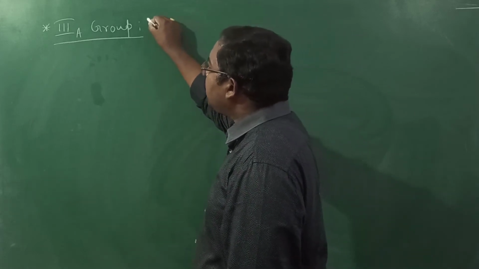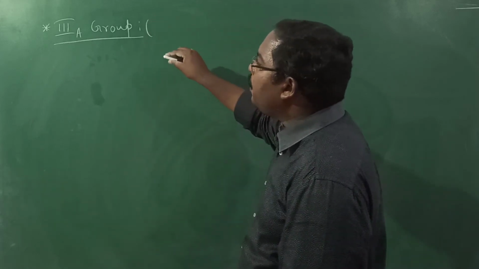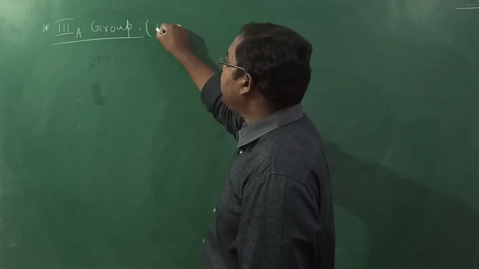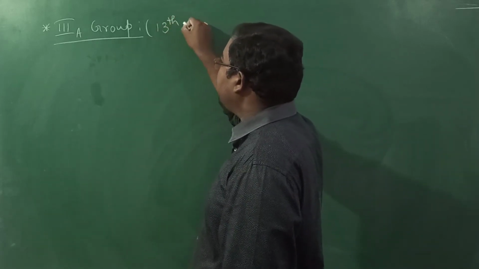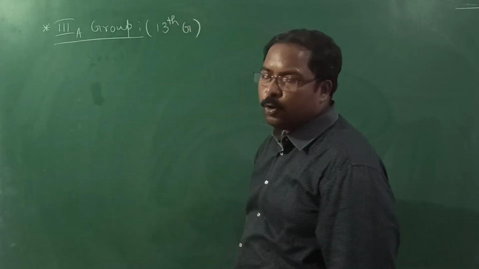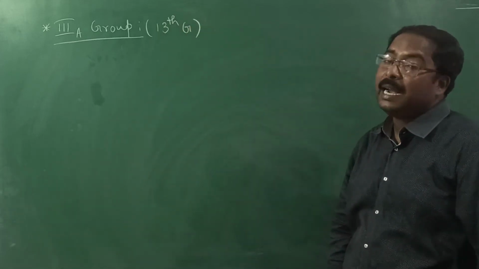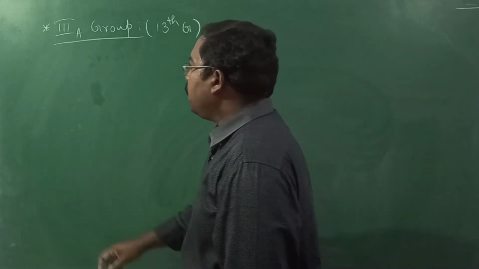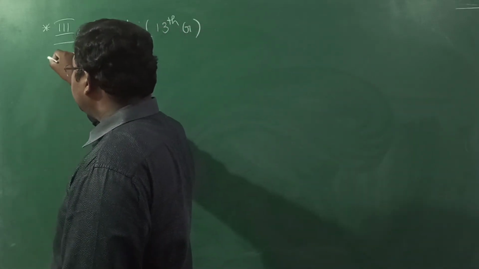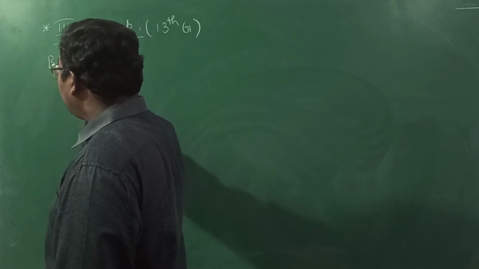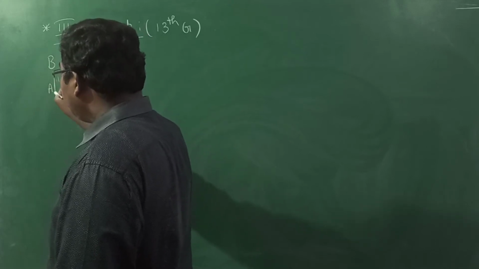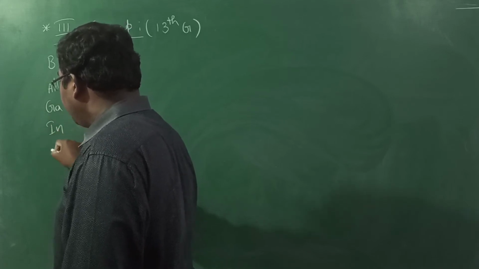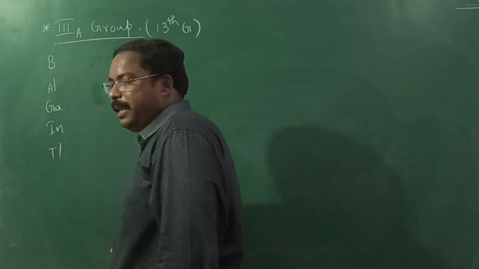Now coming to this third group, with our normal numbering, which number do you get for third A? If you count, we get the 13th number. So third A group is nothing but the 13th group in the periodic table. What are the elements present in the third A group? Boron, aluminium, gallium, indium and thallium.